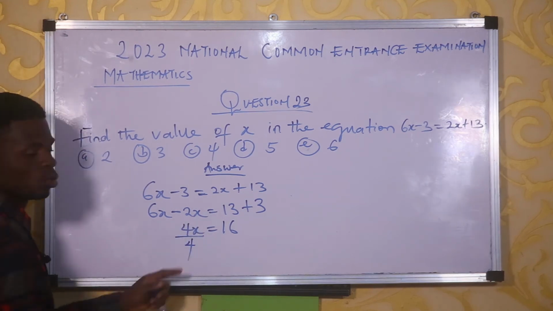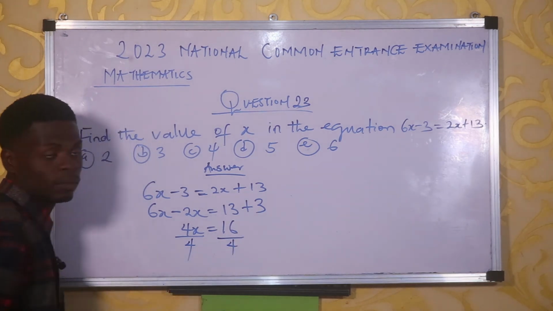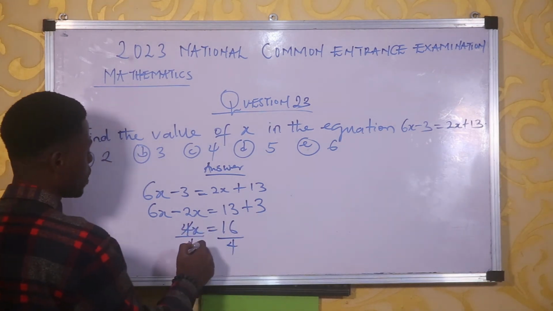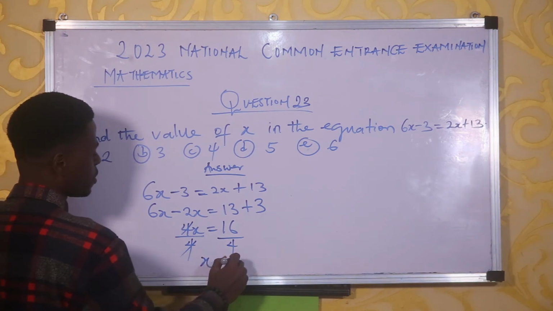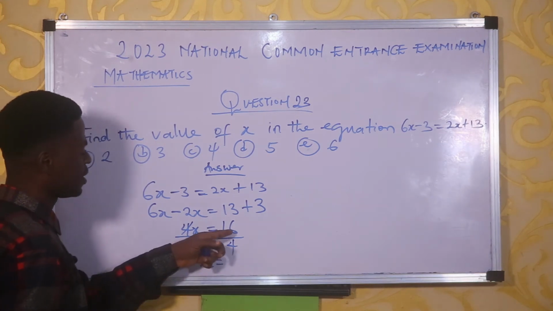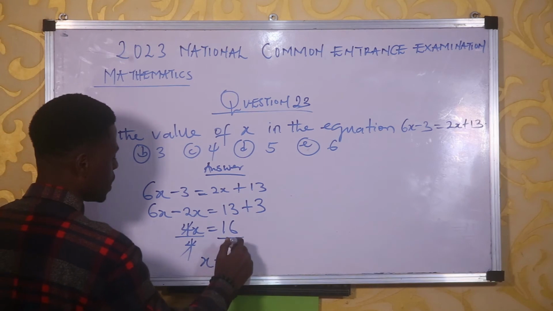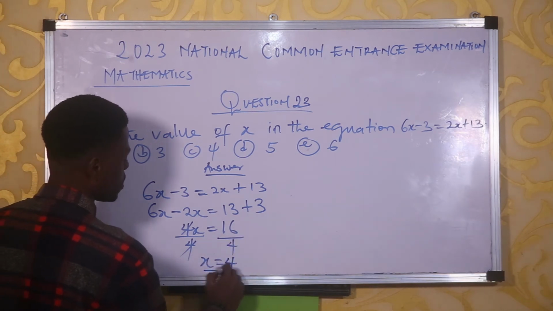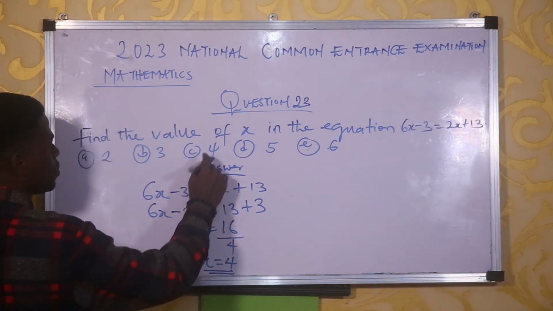So 4x divided by 4 will remain our x, and 16 divided by 4 gives us 4. So definitely our answer is option C, which is 4.